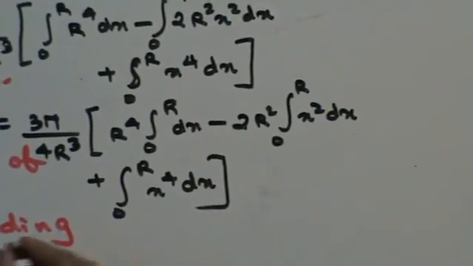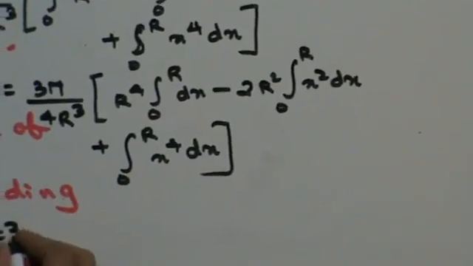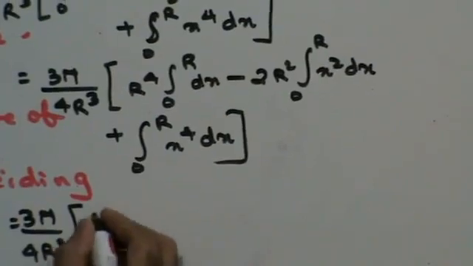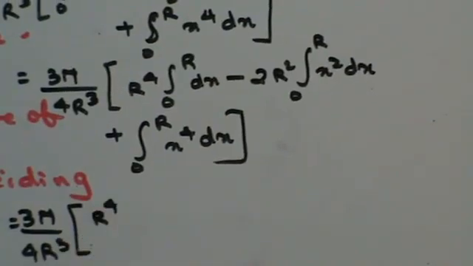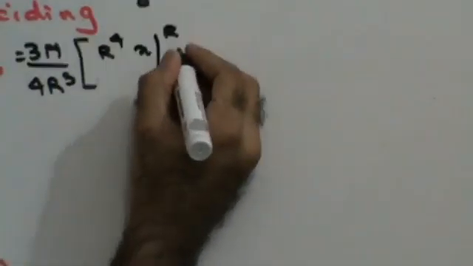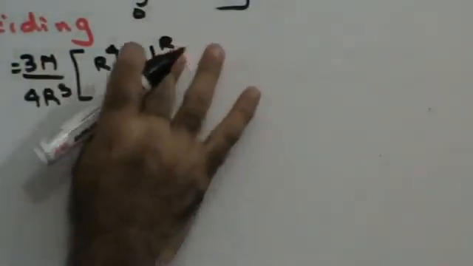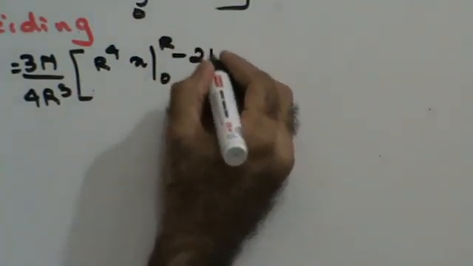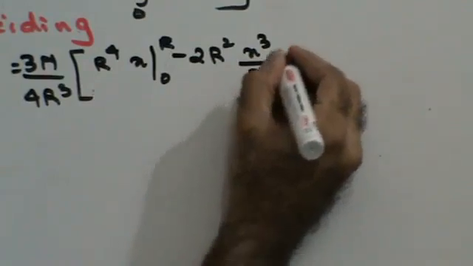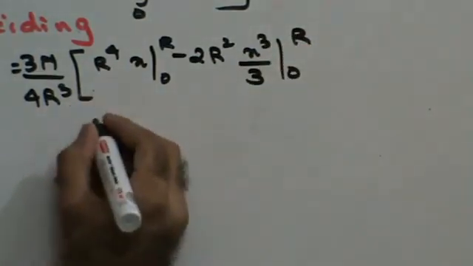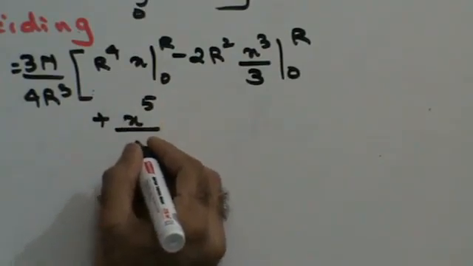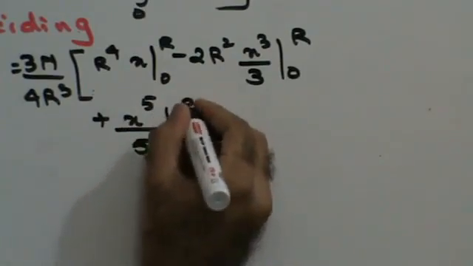So in that case this can be written as 3m upon 4r cube, this is r raised to 4, integral of dx is nothing but x when the limits are between 0 to r, minus 2r square x square is nothing but x cube by 3 when the limits are between 0 to r, plus x raised to 4 is x raised to 5 upon 5 when the limits are between 0 to r.